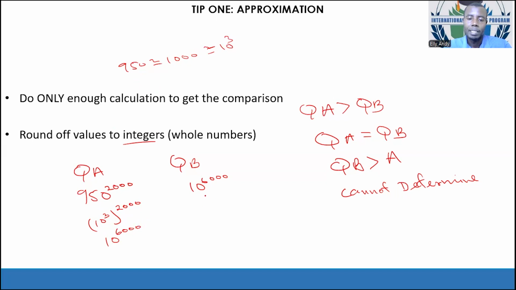So you are comparing this to this. But remember, your actual figure is something slightly less than 10 power 6000 because you approximated upwards. So the actual figure for quantity A is something slightly less than 10 power 6000. So if these are equal and you approximated upwards, it means in actual sense, quantity A is slightly less than this, meaning quantity B is greater than quantity A.